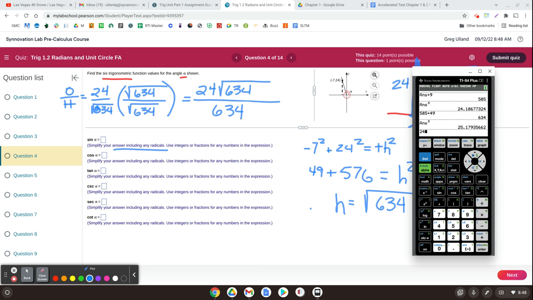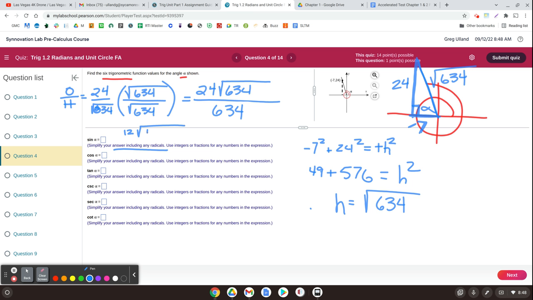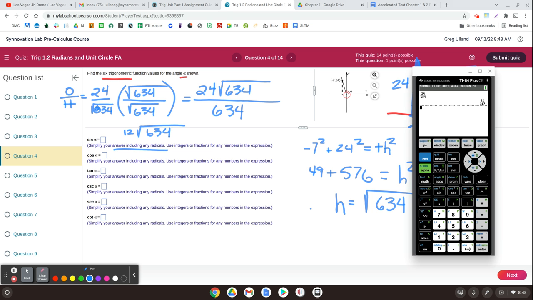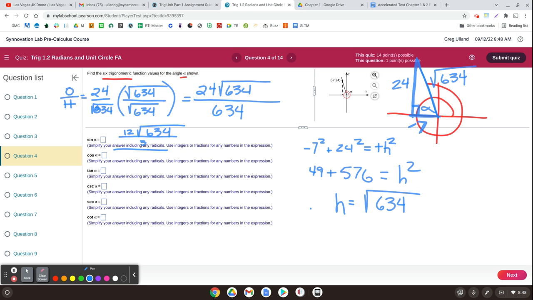Well, definitely. 24 over 634, the common factor is 2. So you just divide it by 2. So it's going to be 12 radical 634 over 317. Here's this answer. 12 times radical 634 over 317. That's the exact answer.